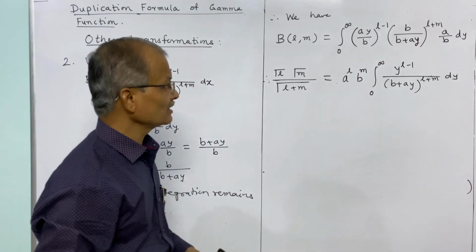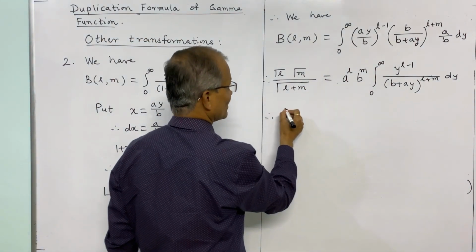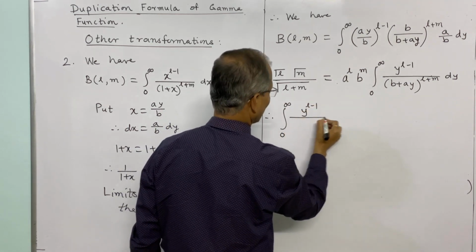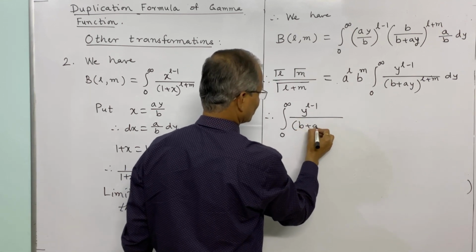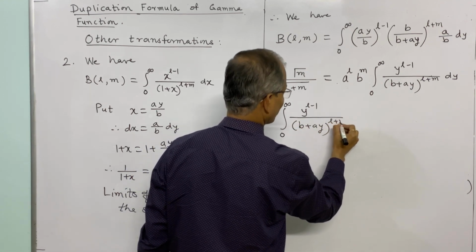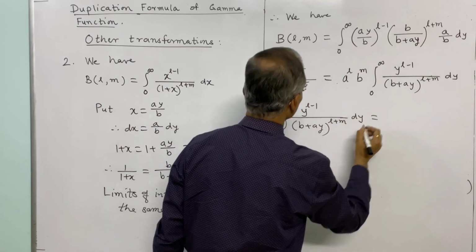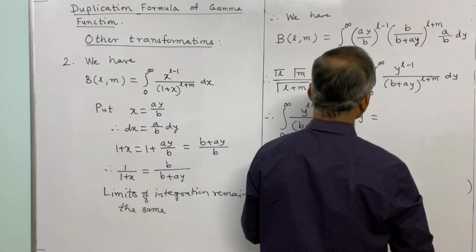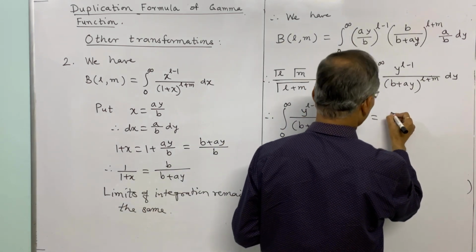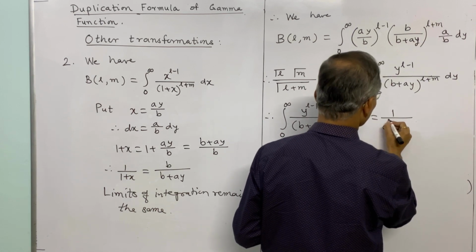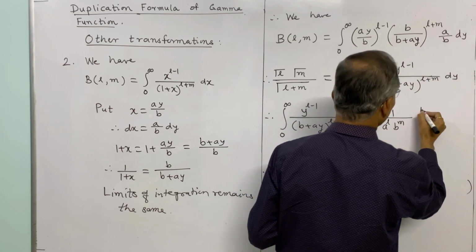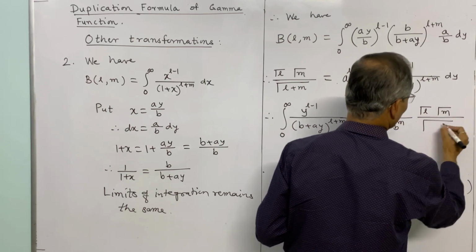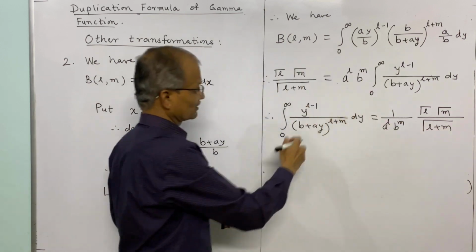And interchanging the sides, we can write the integral as 0 to infinity y to the power L minus 1 divided by b plus a y to the power L plus M into dy is equal to, this is to be written at denominator, so that is, we may write 1 upon a to the power L, b to the power M into gamma of L, gamma of M divided by gamma of L plus M. Check this.